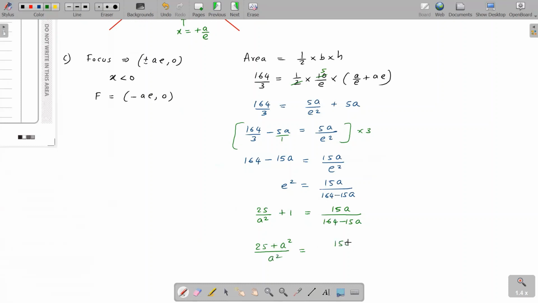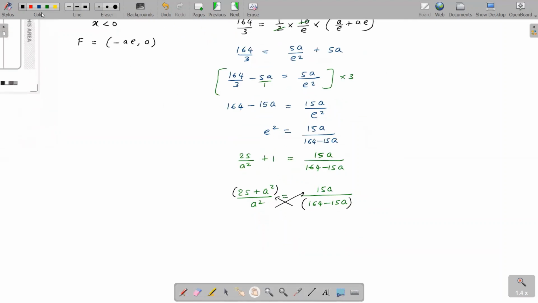15A times... Okay, so now it's time to multiply. 25 plus A square into 164 minus 15A, equals 15A times A square.